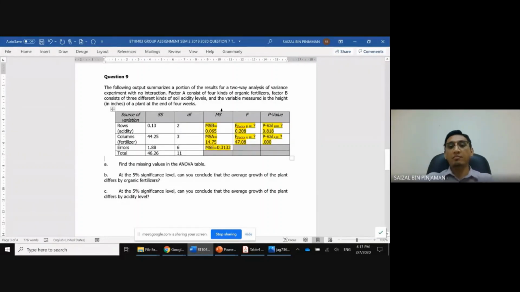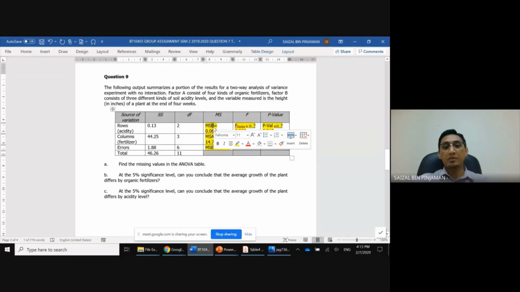The next column is where we have the mean square for each source of variation. Here, the mean square for factor B, the mean square for the acidity level. In order to determine the mean square for factor B, all that you have to do is divide the sum of square by the degrees of freedom.